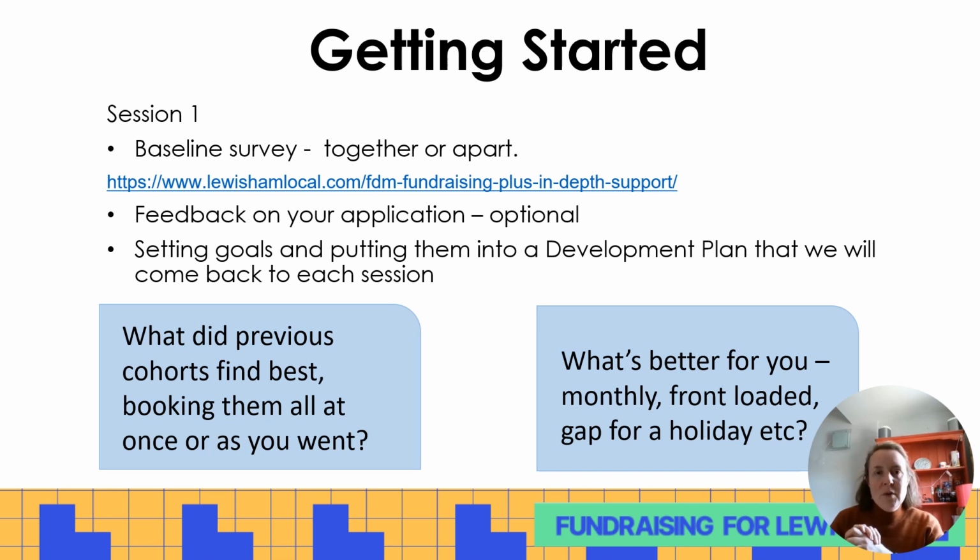I would suggest, but it is up to you, that you book in your sessions right at the beginning, all 6 sessions over the 6 months. By saying it can be front-loaded, maybe you've got a particular application that you want to work on, and you know that the deadline is halfway through, so you want to have more of your sessions all in one heap right at the beginning.